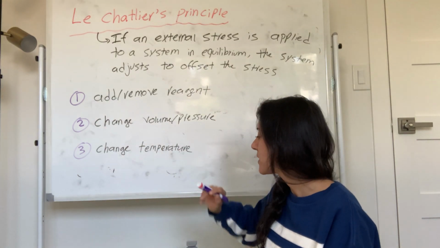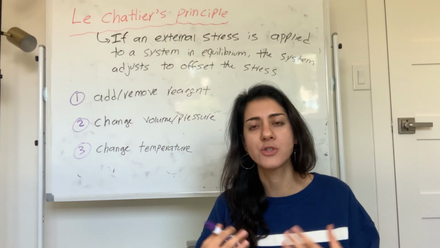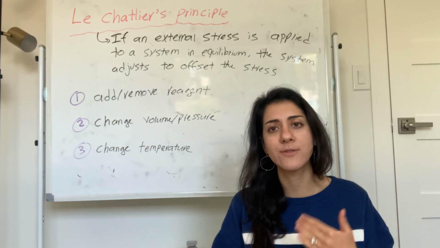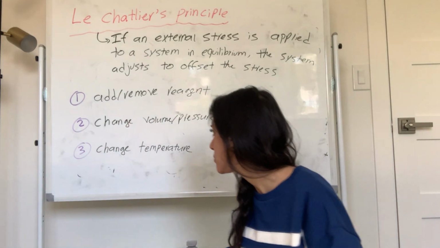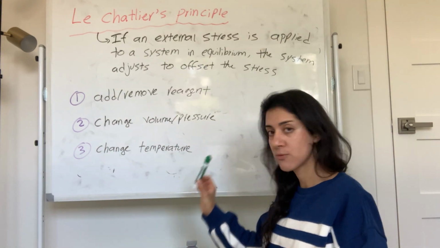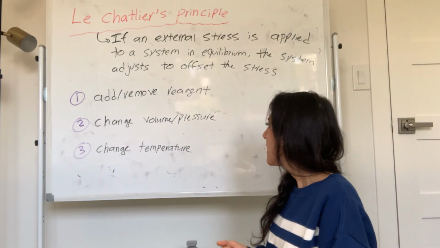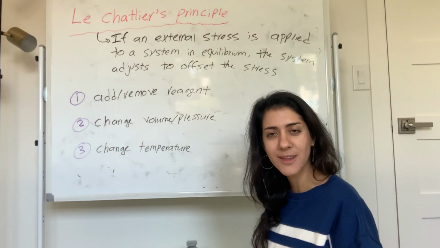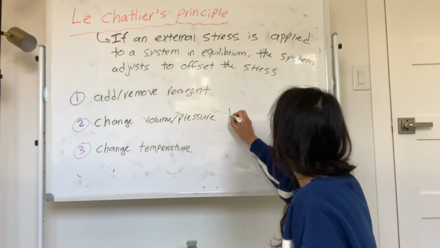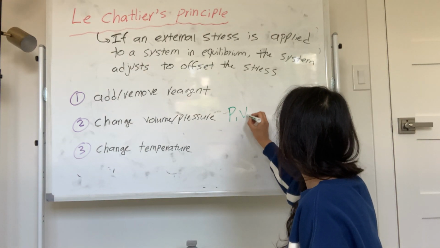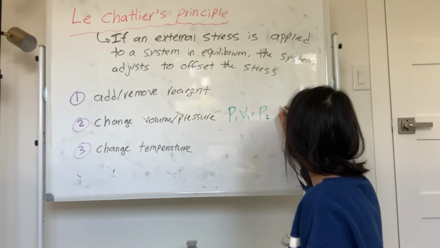Change in volume and pressure. If you change the volume and pressure, you're changing the system, you're adding a stress, so it would have to adjust to offset that. One thing I want you to remember about pressure and volume: do you remember the ideal gas law? Yes, you do. There was also Boyle's law, which was P1V1 equals P2V2.